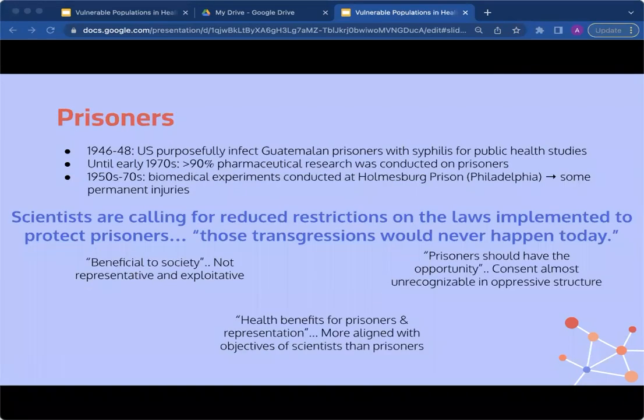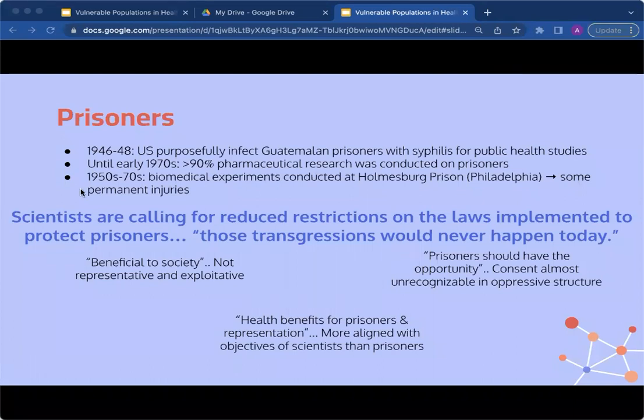Within the prisoner population, there's an overrepresentation of several groups that are already vulnerable in healthcare, and this population has a history of being experimented on while receiving inadequate services that hardly meet their basic human needs and rights, resulting in high death rates. Such examples include the public health and pharmaceutical studies that are listed on this slide.